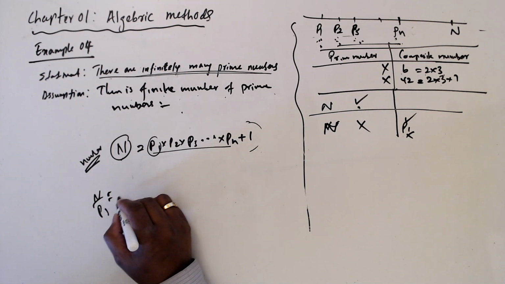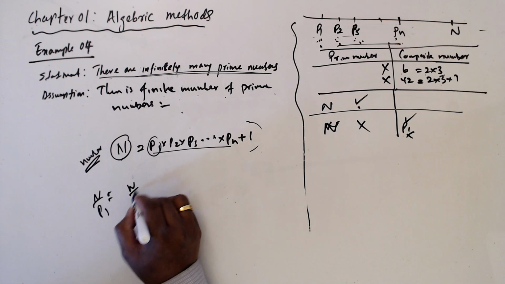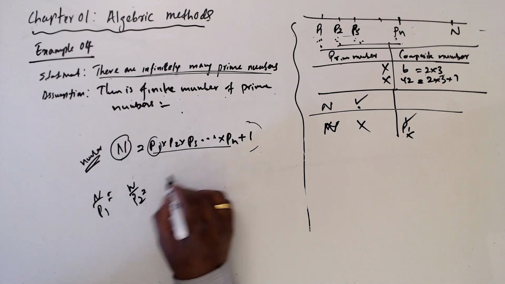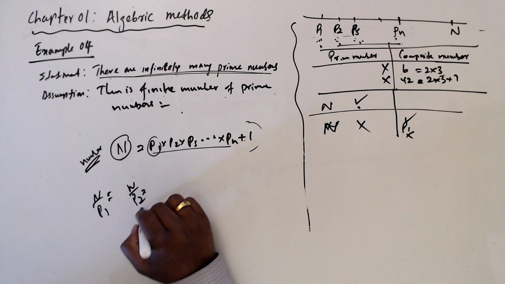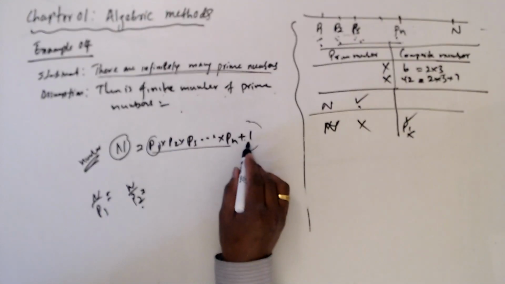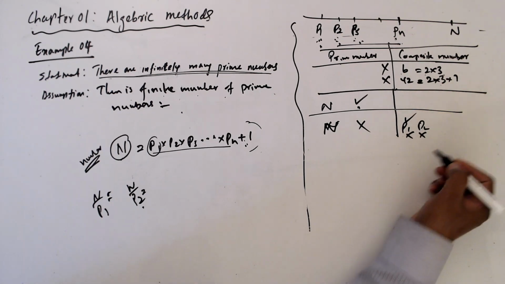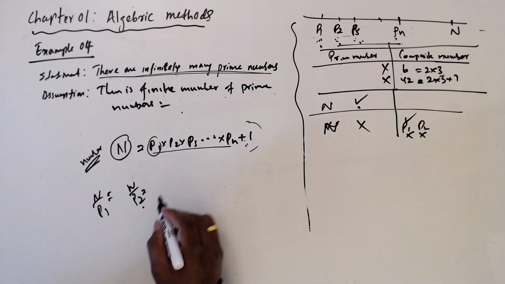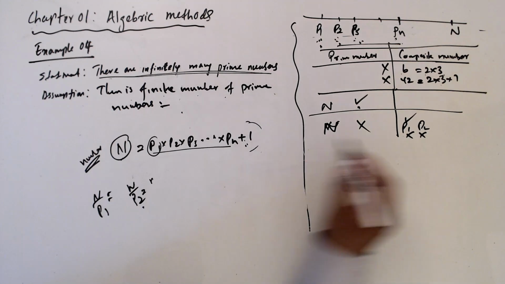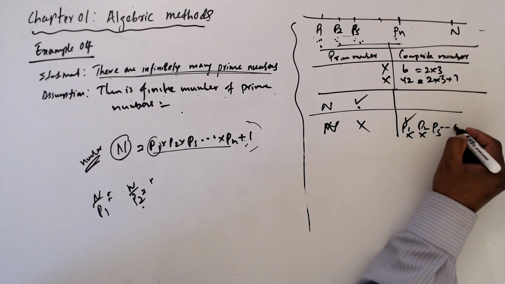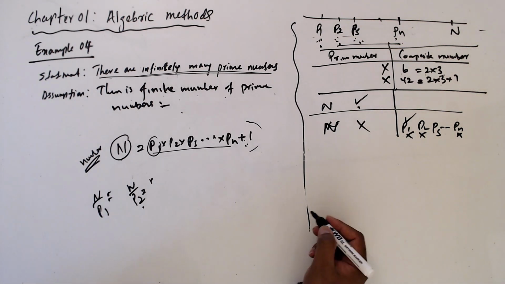How about P2? Can n be divided by P2? P2 also is not a factor, because if you divide n by P2, a 1 is going to remain. P3 is also not a factor, and everything including Pn is also not a factor.